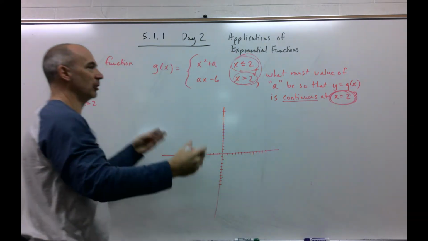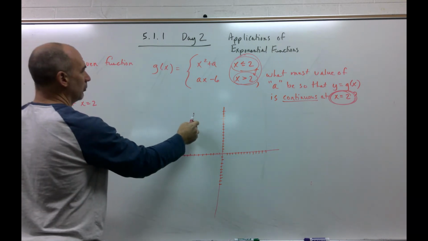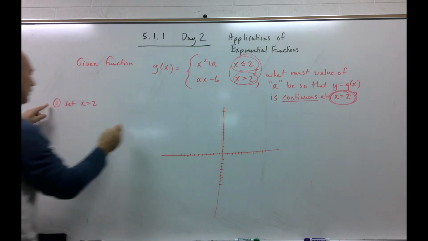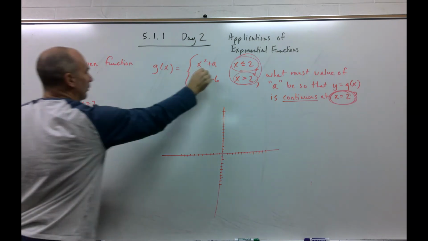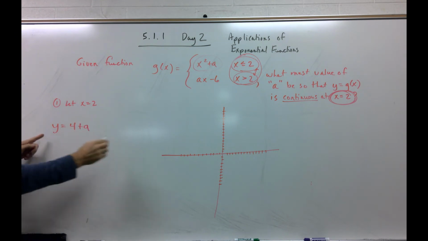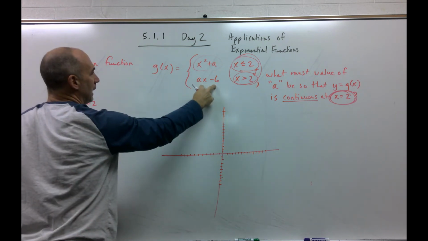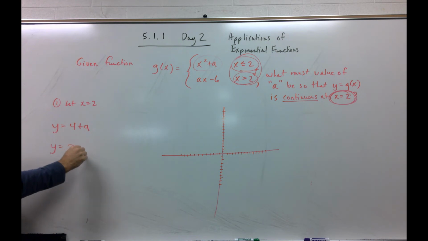That's a huge hint saying plug in x equals 2 to both of these. So I get y equals, talking about this one, 2 squared is 4 plus a. Then I plug in x is 2 for this one, so then I get y equals, let's see, 2a minus 6.